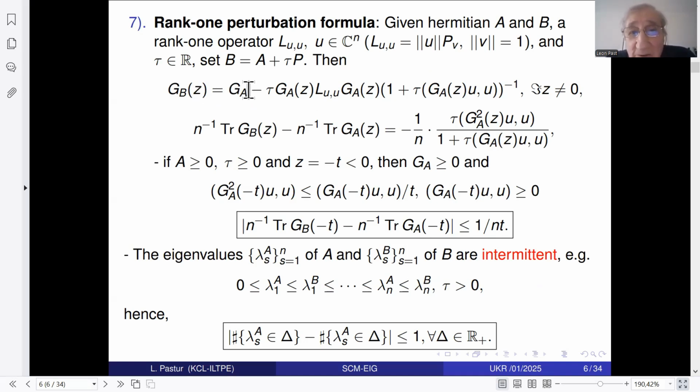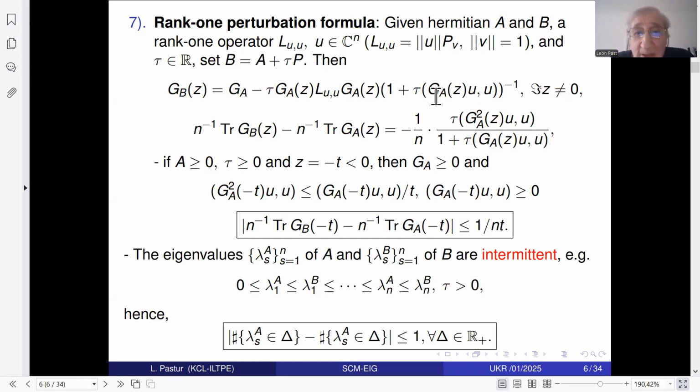Excuse me, there is no C here. So the resolvent of B, which is the sum of two, can be expressed explicitly through the resolvent of the unperturbed matrix A and the perturbation. What is the perturbation? It is just the real number tau and the vector U of our space.